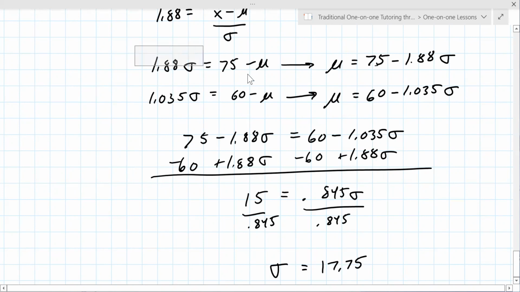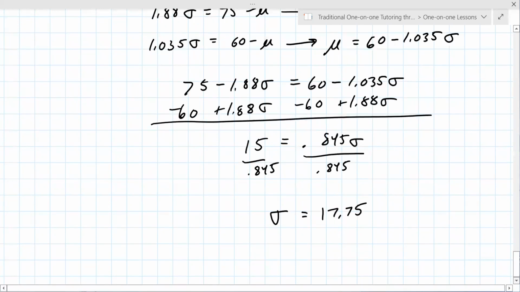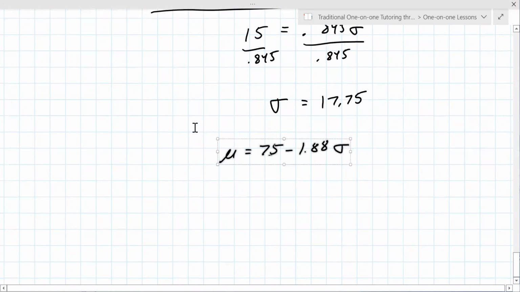And then you go back and pick an equation. Let's pick this top one here, and use it to find the value of mu. So mu equals 75 minus 1.88 times 17.75.